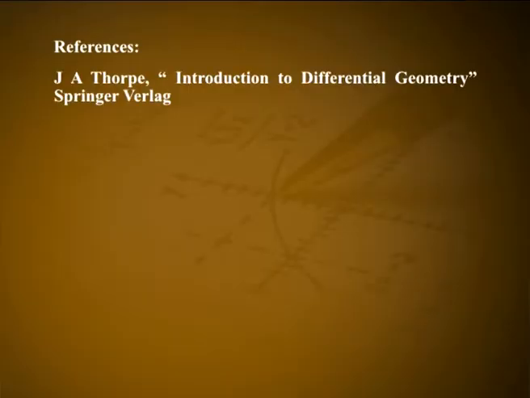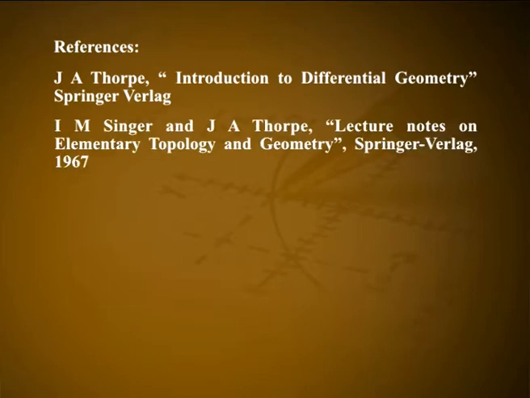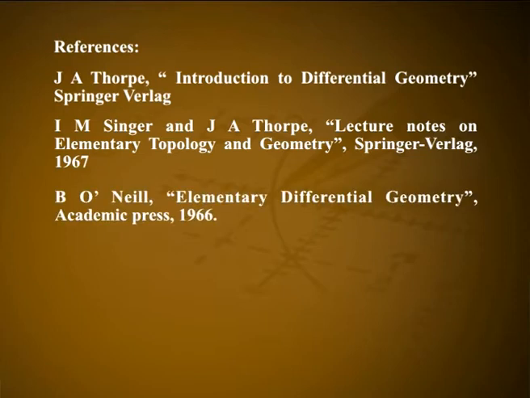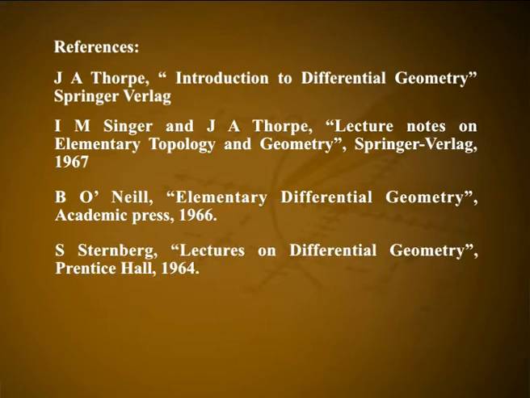These are some books for further reading. First one is Introduction to Differential Geometry by J. A. Thorpe, Springer Verlag. Second one is Lecture Notes on Elementary Topology and Geometry by I. M. Singer and J. A. Thorpe, Springer Verlag, 1967. Third one is Elementary Differential Geometry by B. O'Neill, Academic Press, 1966. Fourth one, Lectures on Differential Geometry by S. Sternberg, Prentice Hall, 1964.